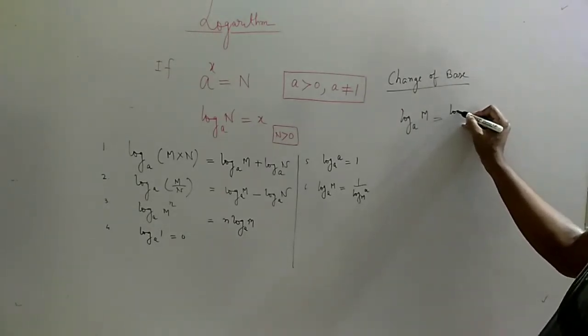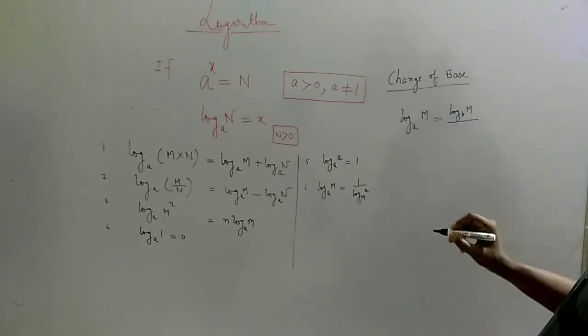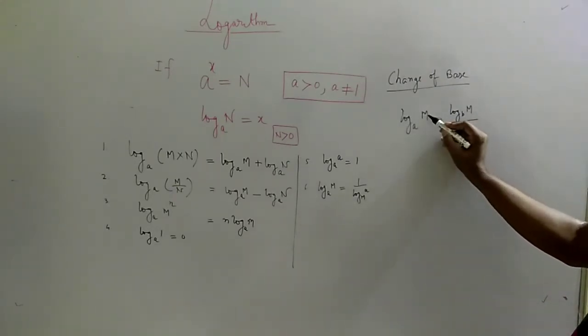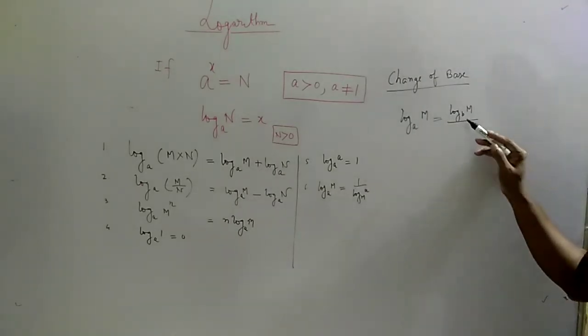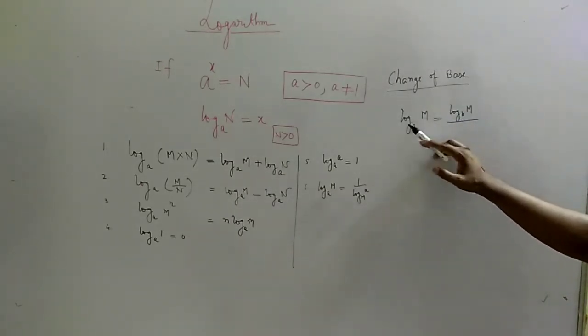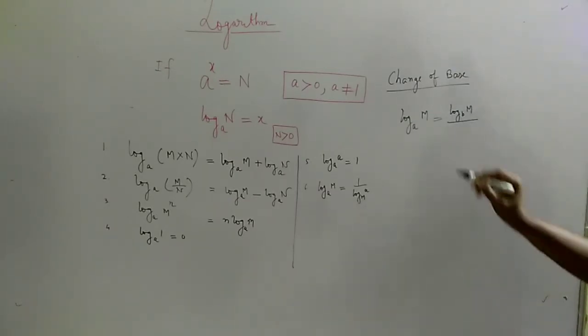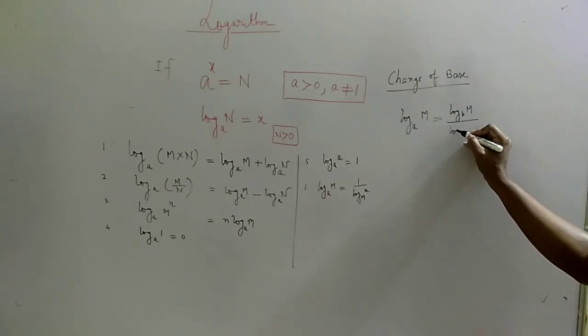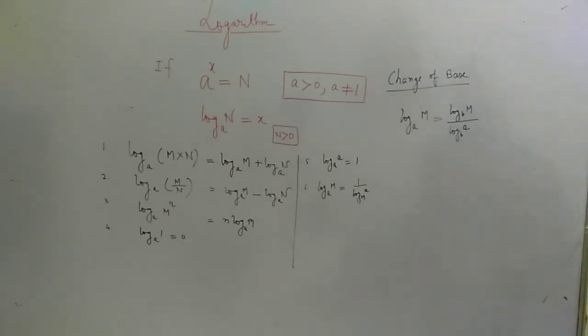Just write log m to the base b upon log a to the base b. This is the given base, and I'm changing my base to b.